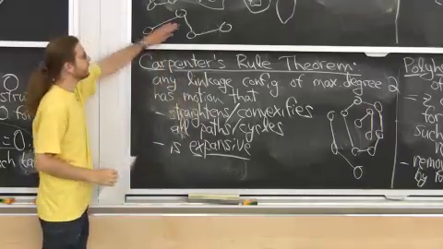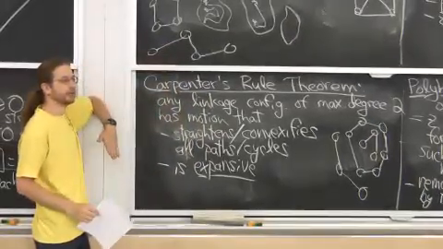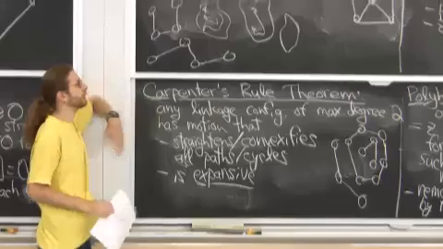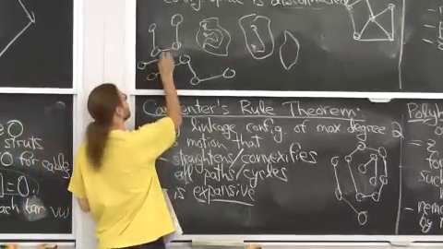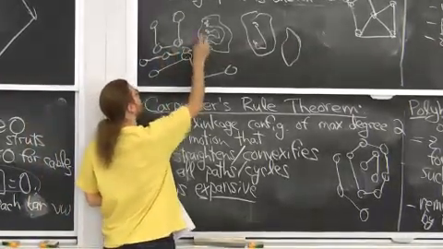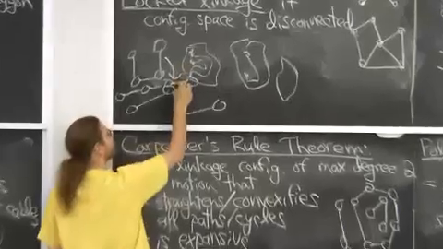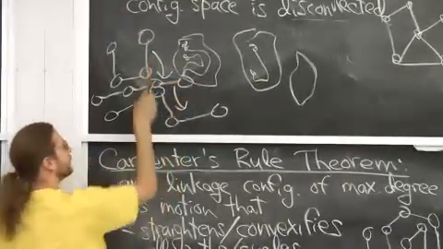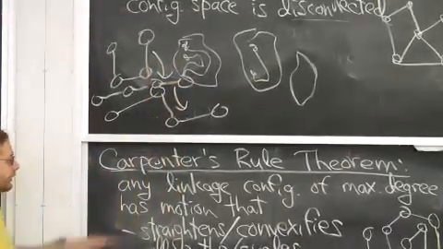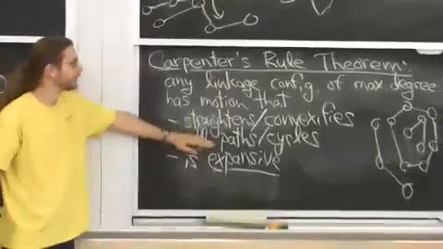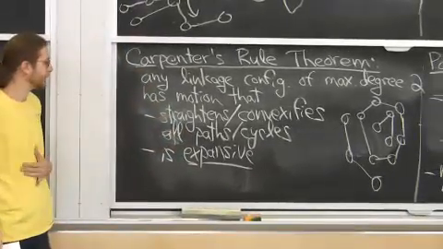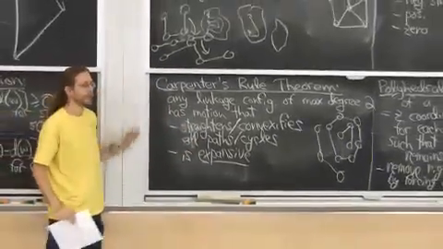Well, I could take this one, find a motion that straightens the chain. I could take this one and find a motion that straightens the chain. So here I've drawn it straight. I take this motion, I apply it forwards. I take this motion, I apply it backwards, and I get from here to here. So if I can straighten all the chains, all the paths, I can definitely get from anywhere to anywhere.